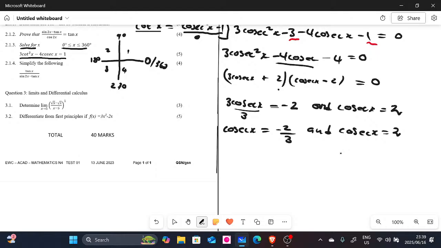So let's go back. Cosec, right? Let me explain this. This is cosec theta. We know that cosec is the same as 1 over sine theta, right? So you can write this in this manner. What I don't like is people when they substitute this like this.